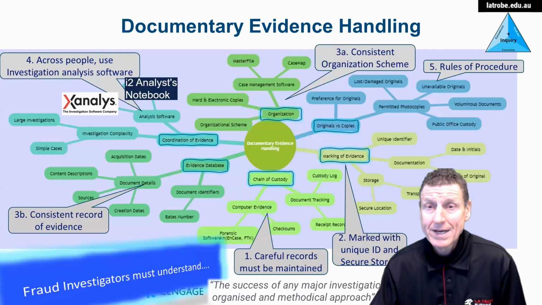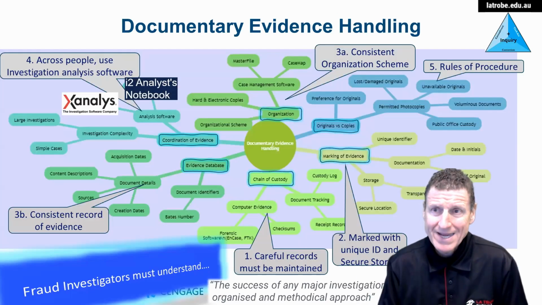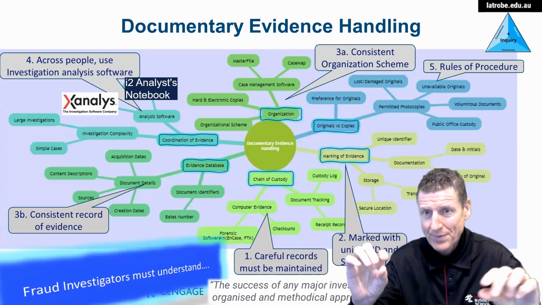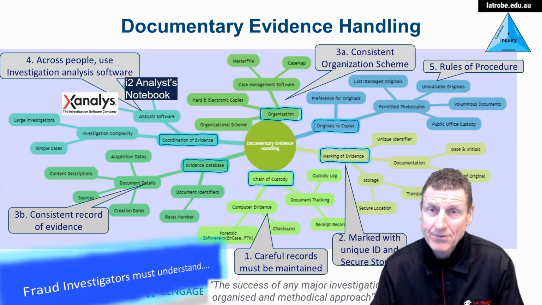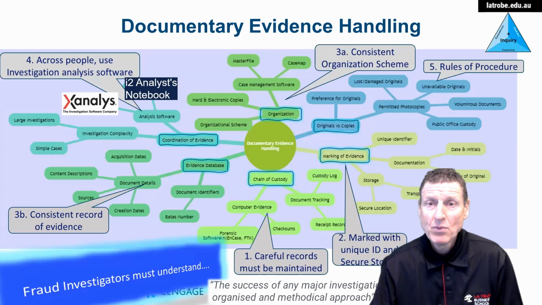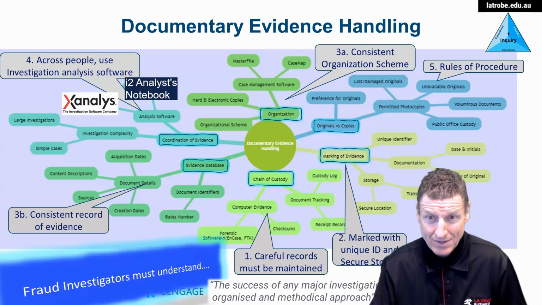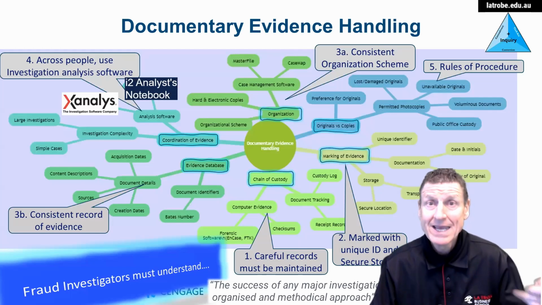So what about documentary evidence handling? Now, let's not worry about all the different mind maps, but let's go through these 5 areas. Number 1, careful records must be maintained. Well, that's a no-brainer. Chain of custody. We talked about checksums in the last learning module, receipt records, document tracking. You have to keep receipts for your tax return.